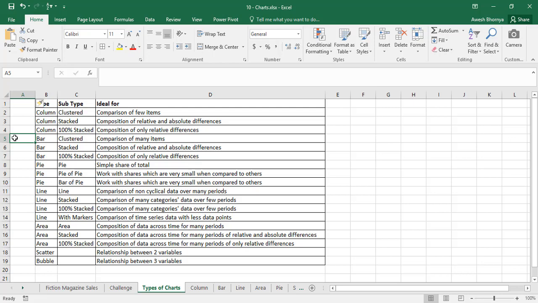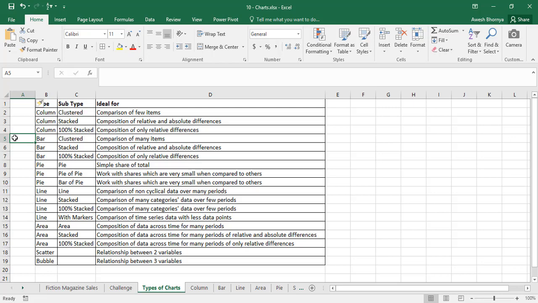In addition to these four types of charts, which are the basic types of charts, I will be discussing three more charts, which are area charts, scatter charts, and bubble charts. So area charts, again, the three subtypes we will be discussing in this video series will be a normal area chart where you are talking about composition of data across time for many periods.